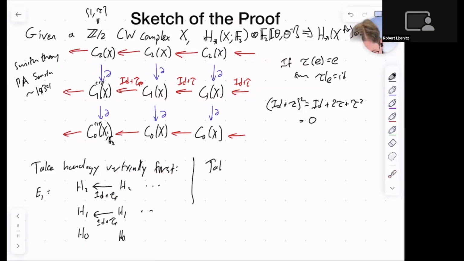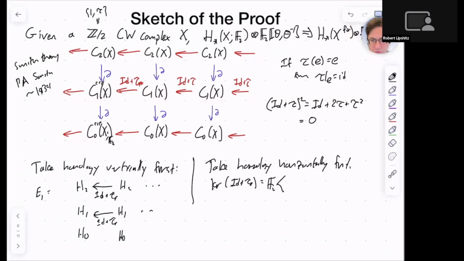If you take homology horizontally first, what does id plus tau star do? The kernel of id plus tau star is generated by 2 different kinds of things.